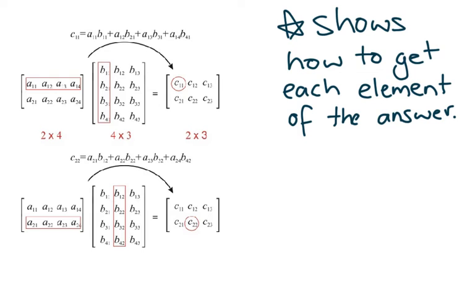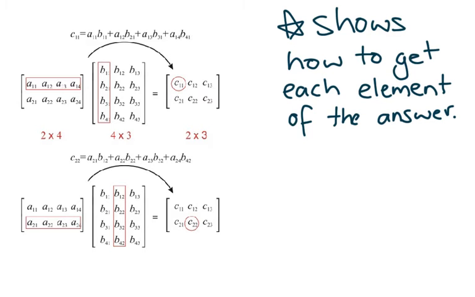This little diagram that I found here is showing you how we achieve each element of the answer. The top section says we've got a 2 by 4 matrix and we're multiplying it by a 4 by 3 matrix, which means we can do it and our answer is going to be a 2 by 3 matrix.